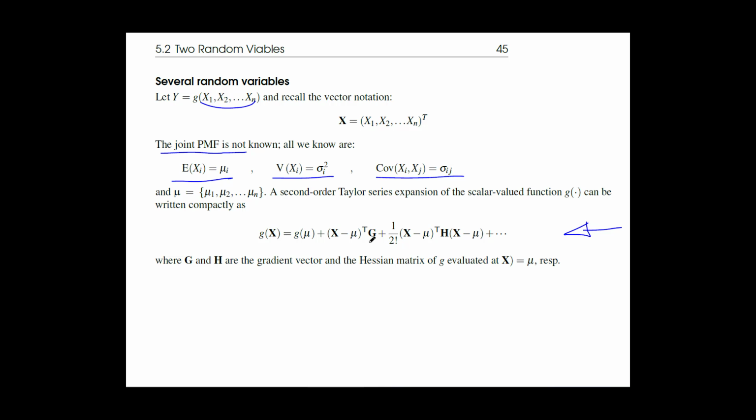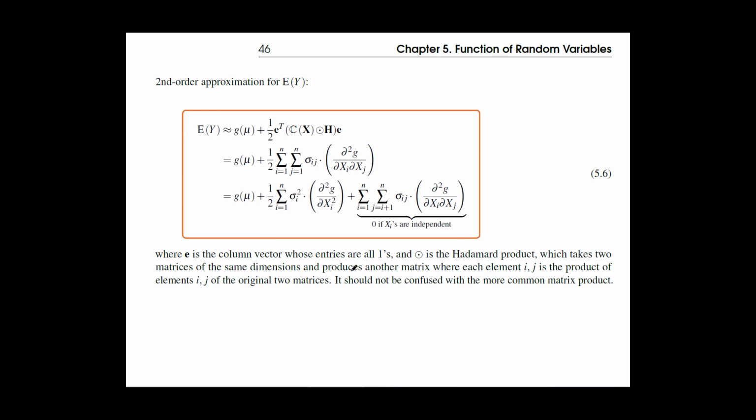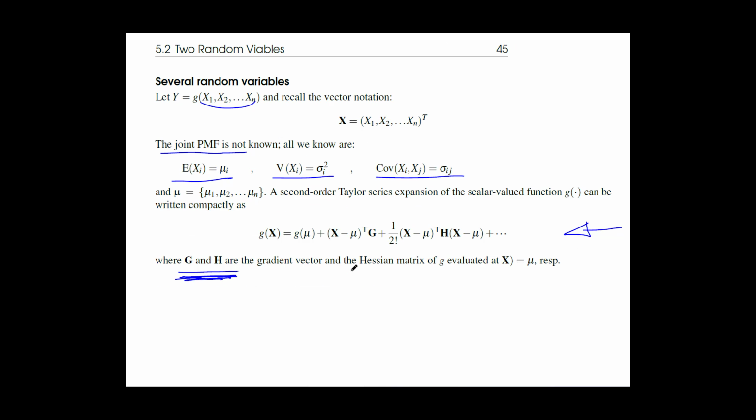Now, these G and H are famous matrices. G is the gradient vector, and H is the Hessian matrix. The gradient is just a vector of first derivatives. The Hessian is of second derivatives. Let me just spell it out real quick.